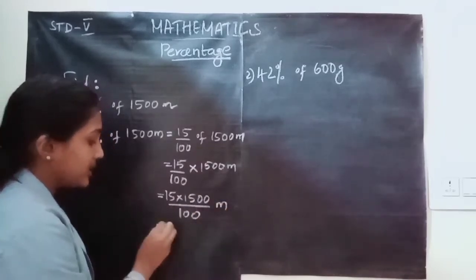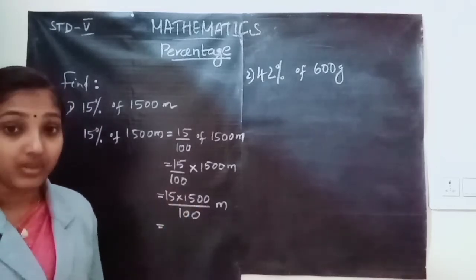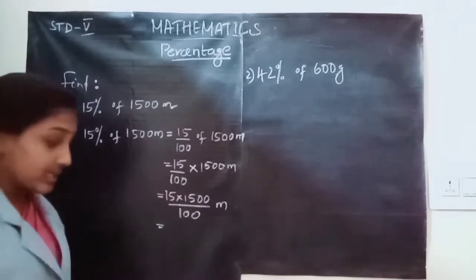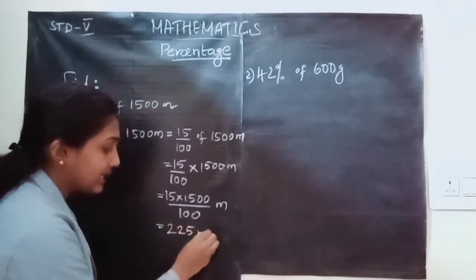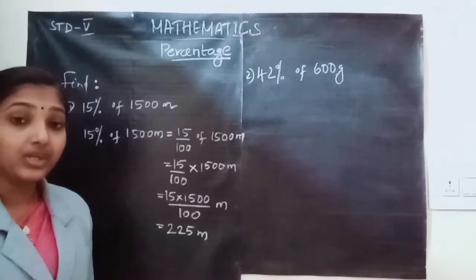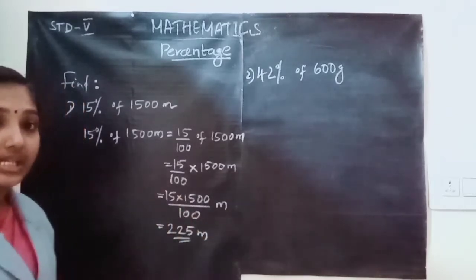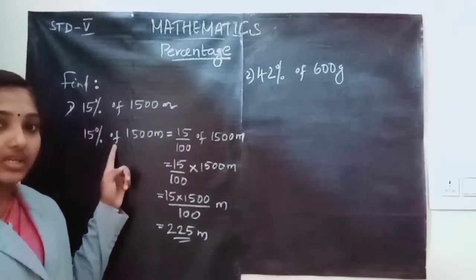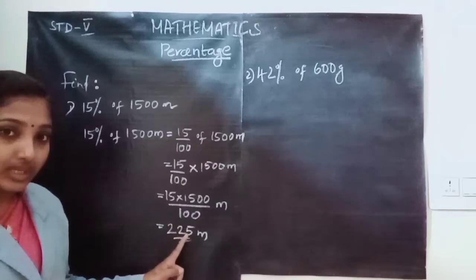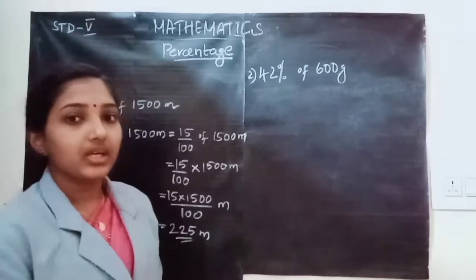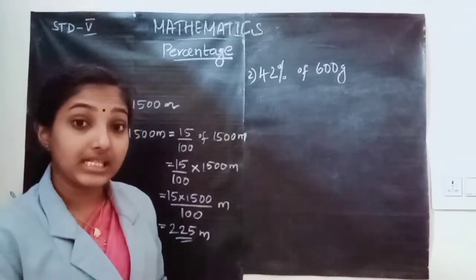That much meter we will get. Okay, and doing the multiplication and then dividing it, we'll get the answer as 225 meter. So what we can say, 15% of 1500 is 225 meter.